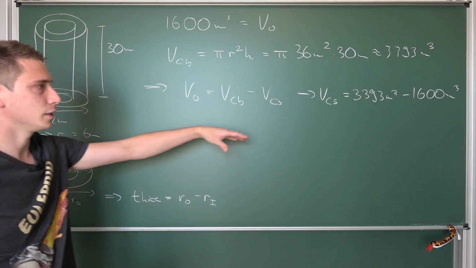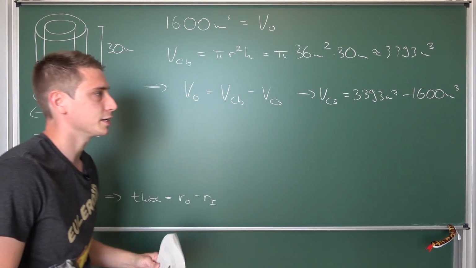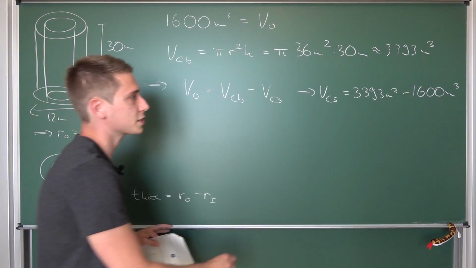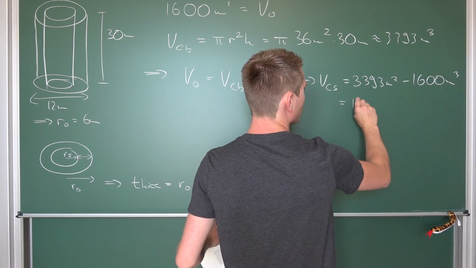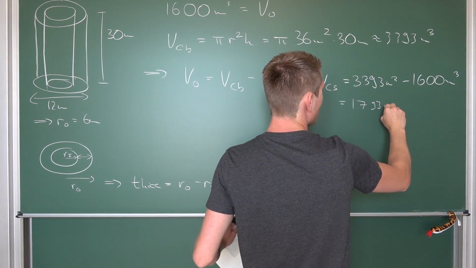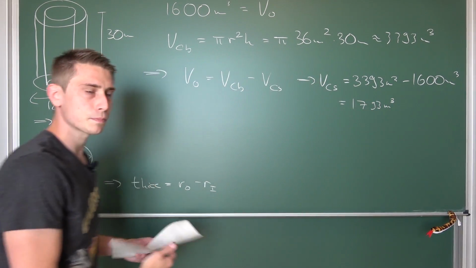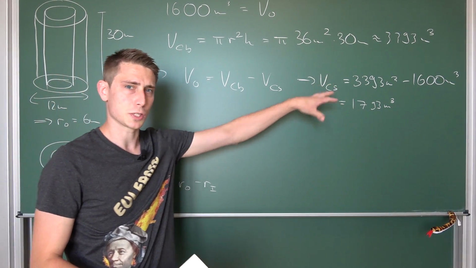With that out of the way, we can start calculating. If we subtract this, we get 1793 cubic meters. And this is our volume of the small cylinder.